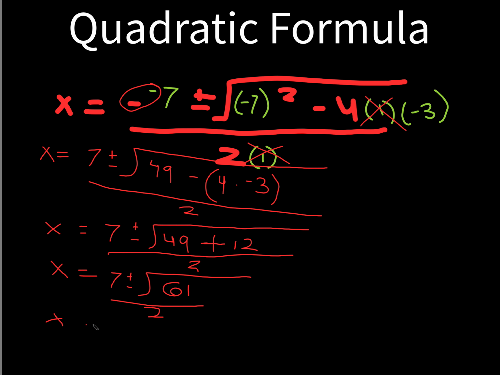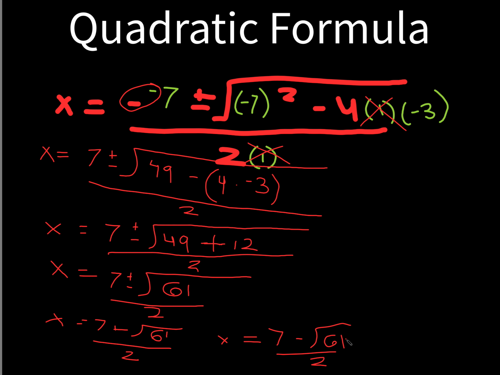So x is going to be equal to 7 plus the square root of 61 over 2, and then x is also equal to 7 minus the square root of 61 over 2. And I'm not going to even attempt to break up these square roots.